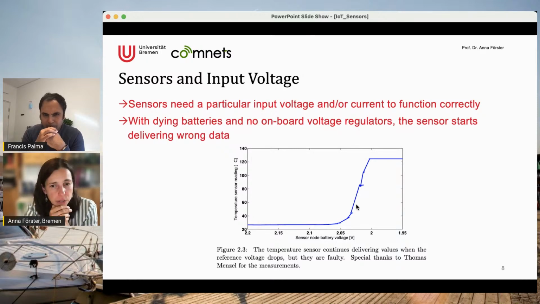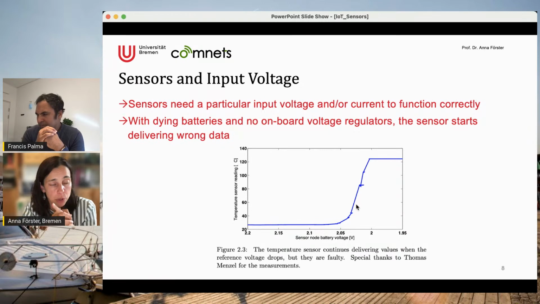This is something which you can see sometimes with some platforms, not all of them. If they have voltage regulators, you can check on that, and then you can be sure that you don't get at least those effects. But if they don't have voltage regulators, which is very often the case, for example, most Arduino platforms don't have them, then with dying batteries or low quality batteries, you can expect to see such very weird side effects.